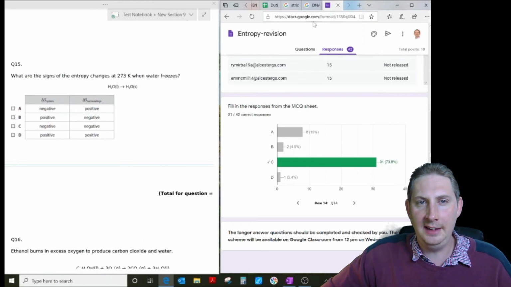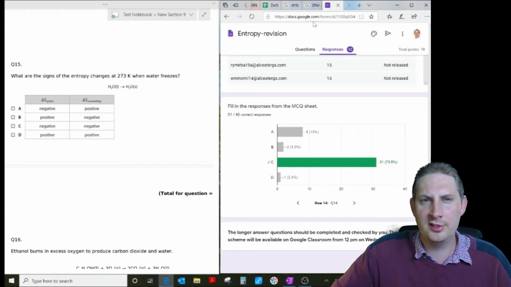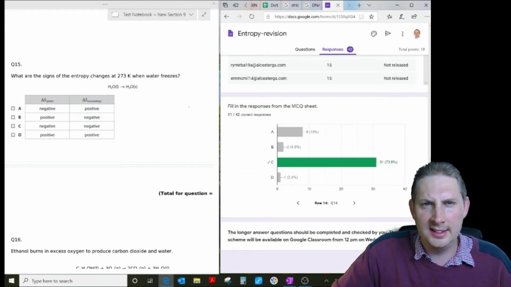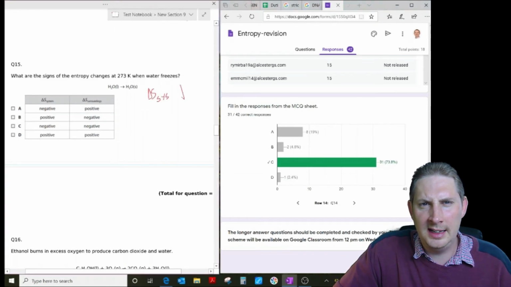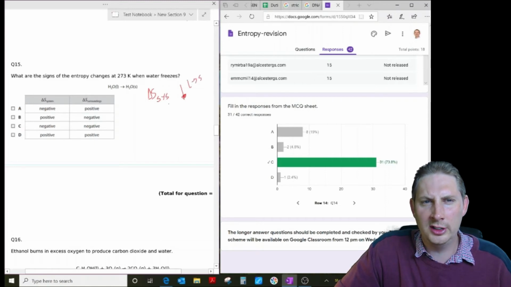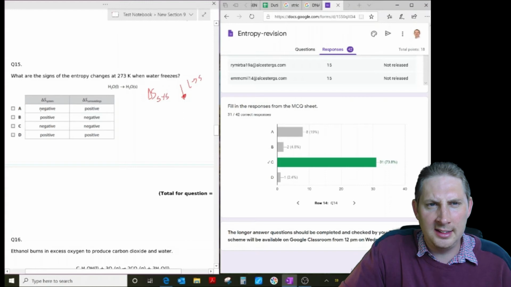What are the signs of the entropy changes at 273 Kelvin when water freezes? So water freezing, okay, delta S system is clearly going to decrease because you're going from a liquid to a solid. So it's going to be a negative delta S system.